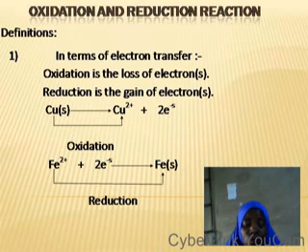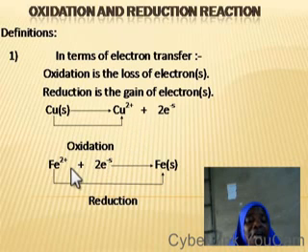Now, let's look at these two reactions here. If you look at the first one, I said oxidation. Copper in a free state here has oxidation number 0. But after it has lost 2 electrons, it becomes copper 2+. That means as it loses electrons, copper becomes oxidized from 0 to +2.